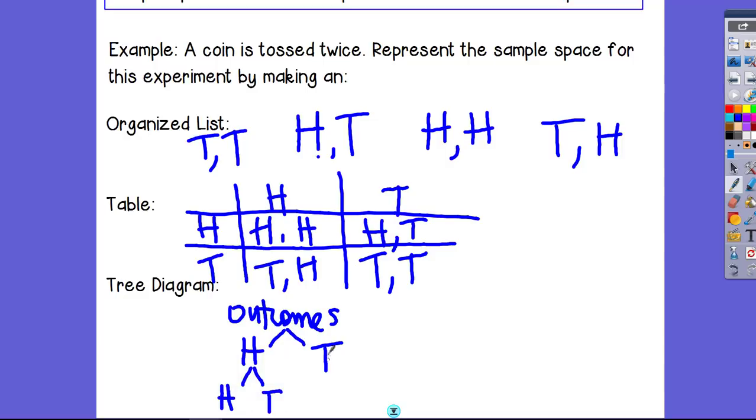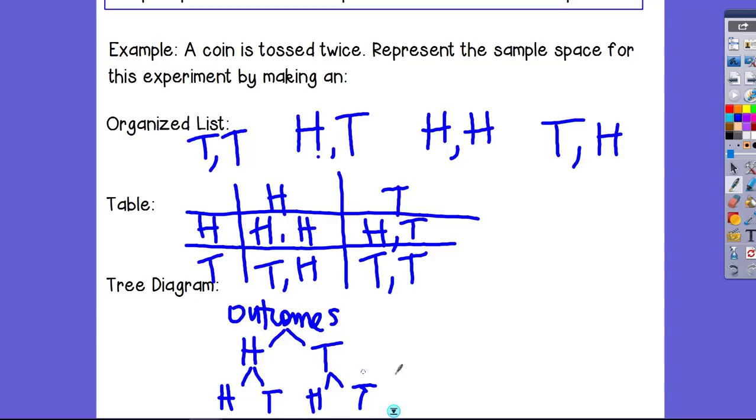Or let's say the first coin landed on tails, we flip it again, and the second coin could land on heads or tails. So if it lands on heads first, it could land on heads second. If it lands on heads first, it could land on tails second. If it lands on tails first, it could land on heads second. Or if it lands on tails first, it could land on tails second. So it's kind of like different pathways for your outcomes.